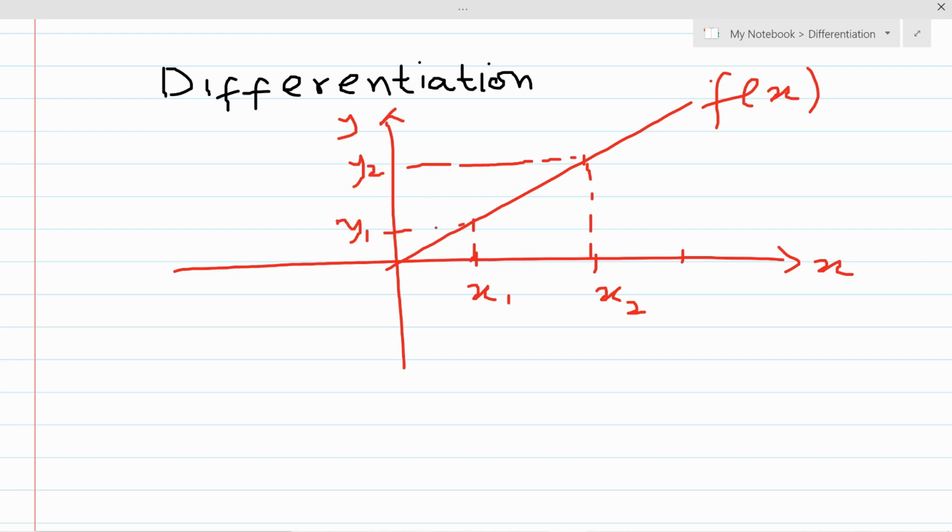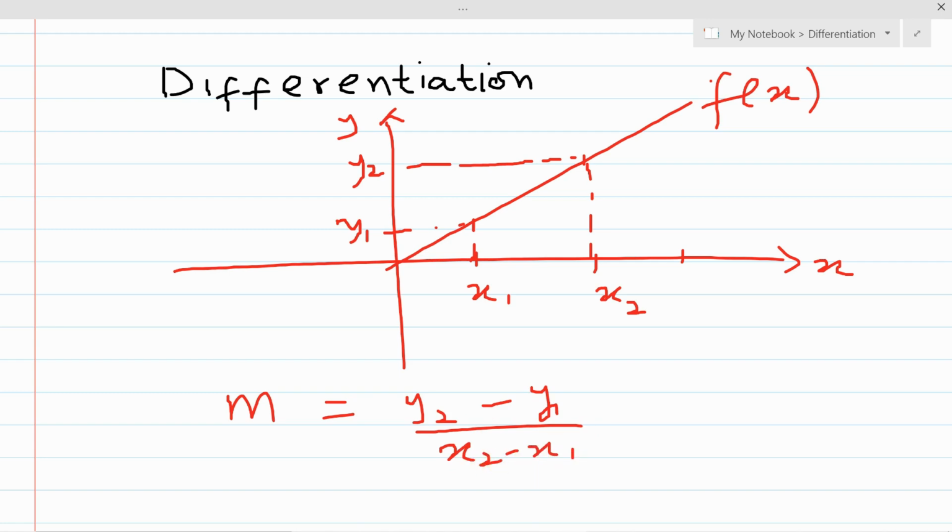So if you want to know the gradient of this function or this line, picking any 2 points on the line, it is y2 minus y1 over x2 minus x1.